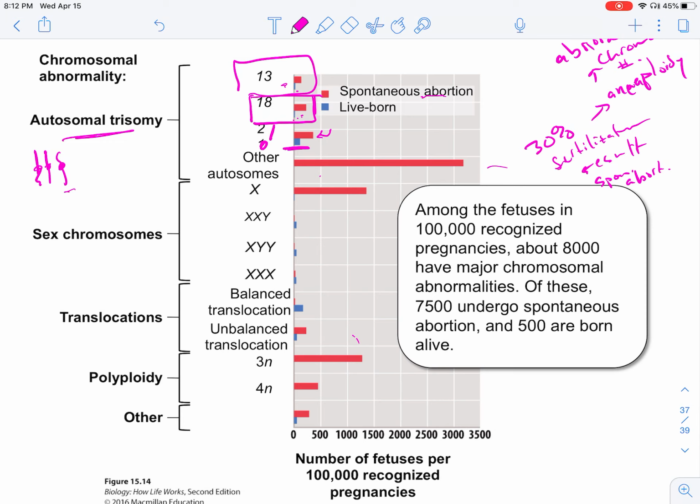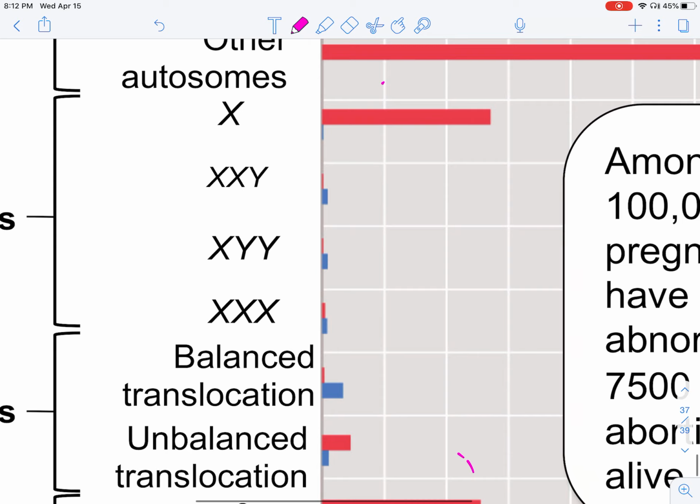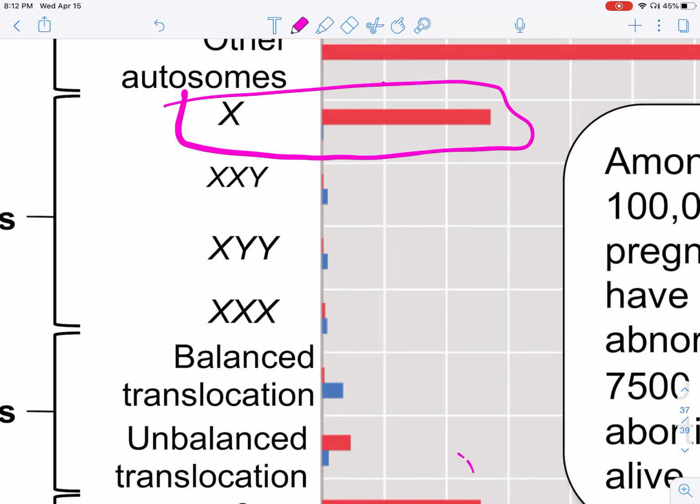And then the other chromosomes that we can tolerate having an abnormal amount of are the sex chromosomes. We generally can't tolerate having only one X chromosome, but we can tolerate an XXY, and when that happens, many of those are live births.